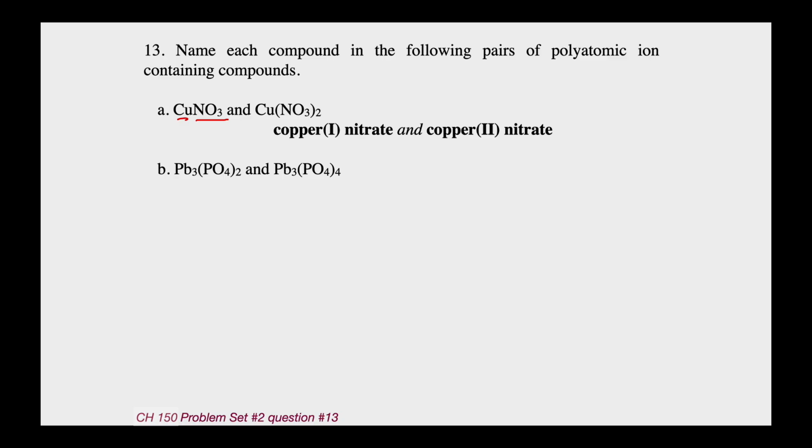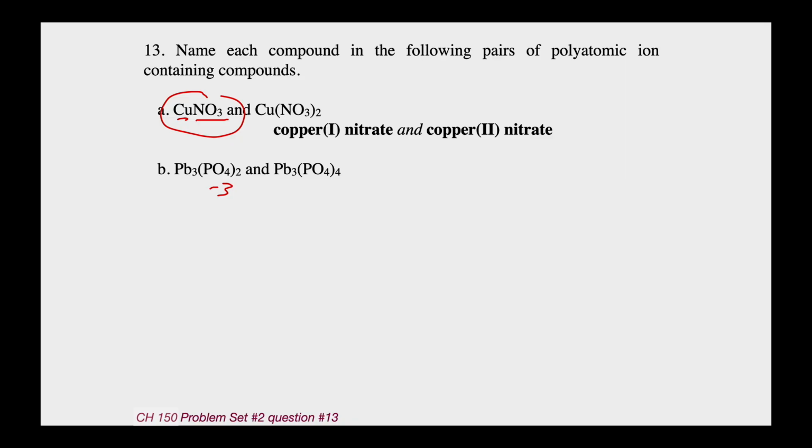The next two have phosphate, and phosphate is a -3. So in the first one, Pb3(PO4)2, and by the way, notice that when you have more than one polyatomic you do use parentheses, but if there's only one polyatomic, you don't put parentheses, and that's really important.